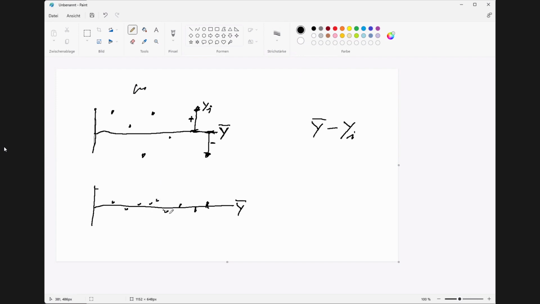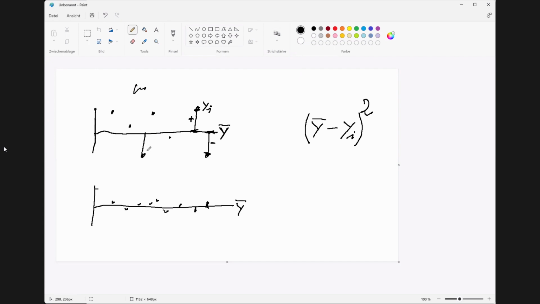But the absolute value is a difficult mathematical operation, and therefore we say we power by 2 these values, and we must only remember later that we take the root of them. But when we power by 2, all the values have a plus sign.